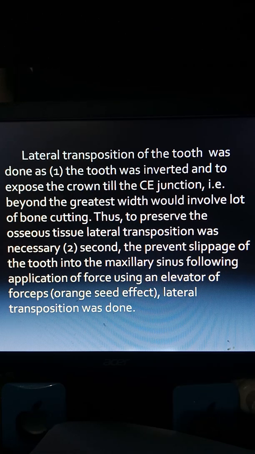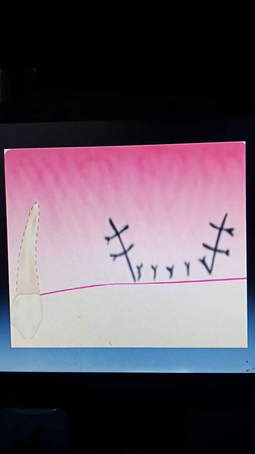And second, to prevent slippage of the tooth into the maxillary sinus following application of force using an elevator or forceps, lateral transposition was done. Then lastly, we have a picture here that indicates the closure done by interrupted sutures.